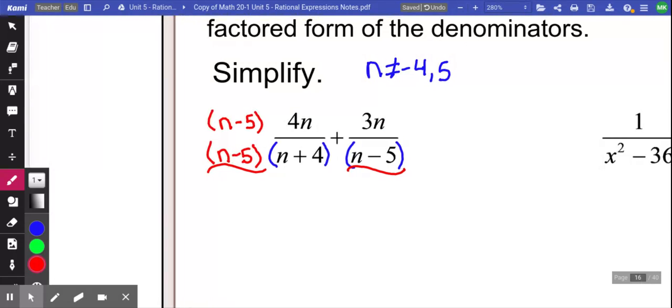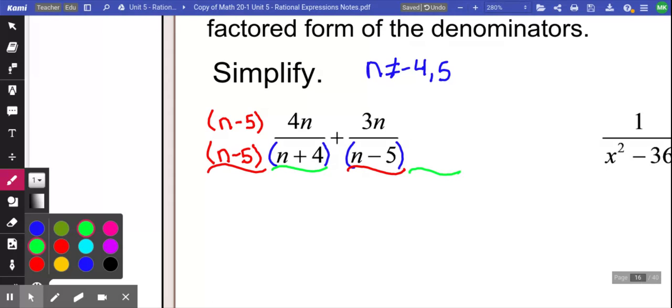You want to do the n minus 5. If you look at the second fraction, it's missing this n plus 4. So that means you need to multiply the bottom by n plus 4. And what you do to the bottom, you do to the top. Like that.